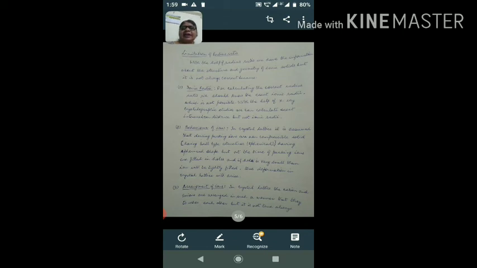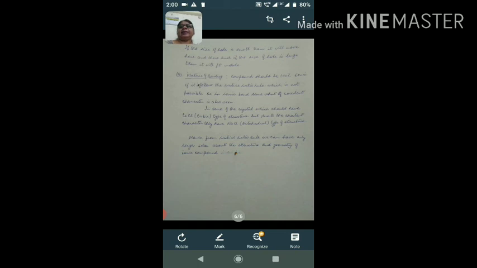Third one is the arrangement of the ions. In an ionic crystal lattice, a cation and an anion are arranged in such a way that they touch each other, but it is not always so. If the size of the hole is small, then the ion will move here and there. But if the size of the hole is large, then it will be fitted inside.